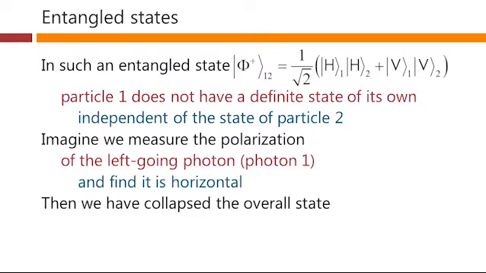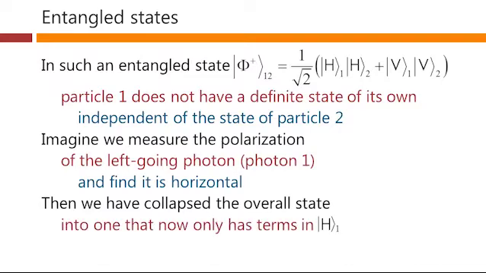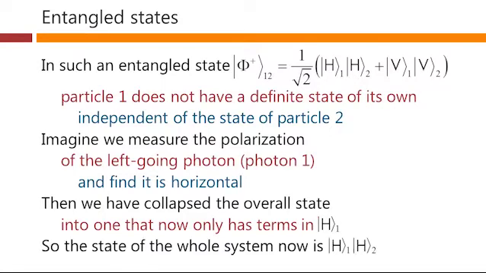Then we have collapsed the overall state into one that now only has terms in photon 1 being horizontally polarized. So the state of the whole system is now this one.